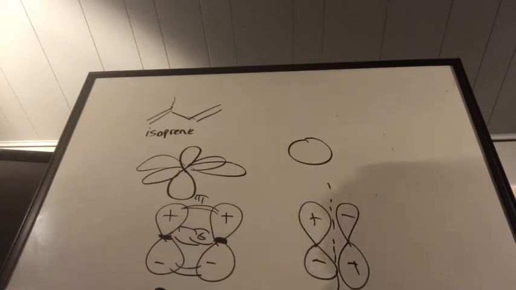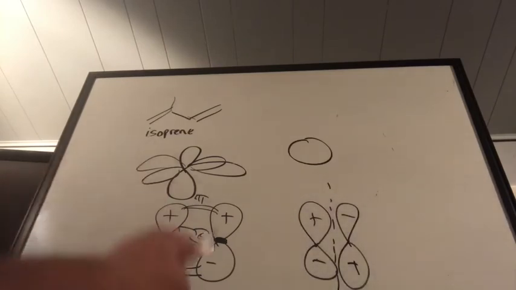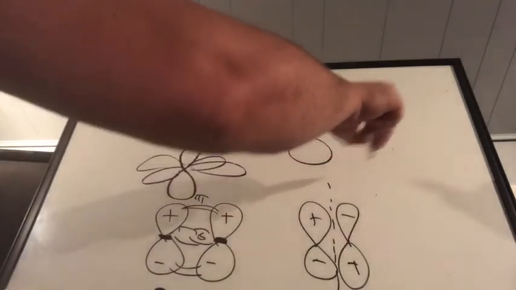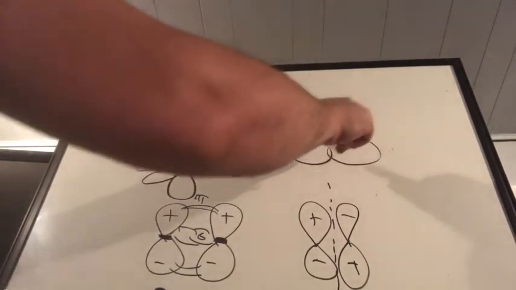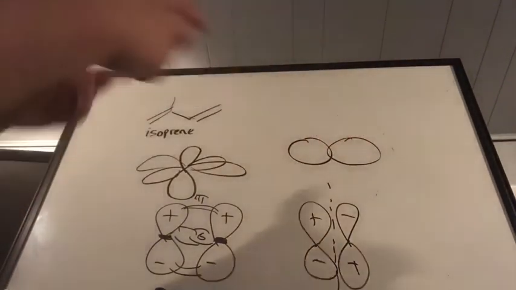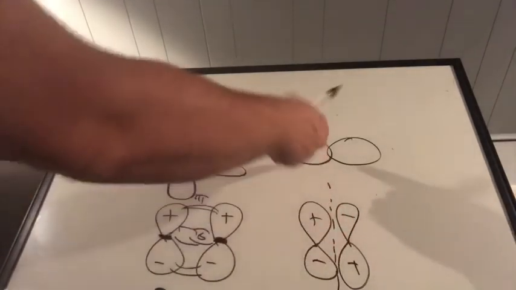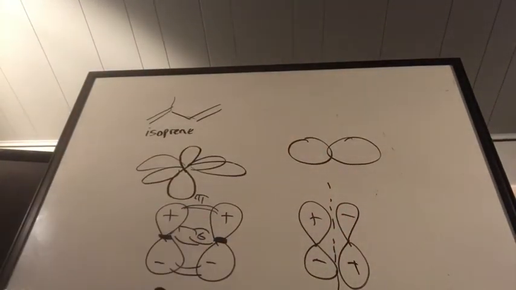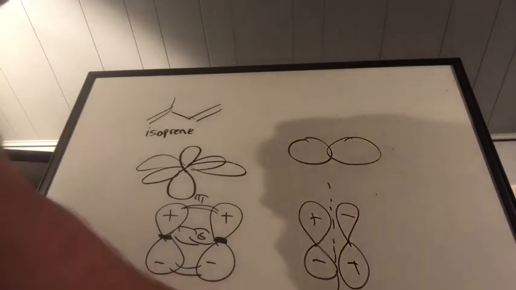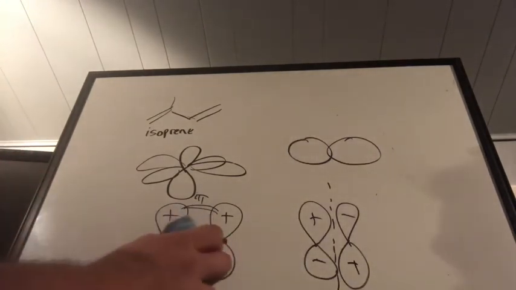So let's think of orbital overlap. So we're going to have a sigma bond for s orbital overlap. So 2 s orbitals that overlap, and then you're going to have a sigma bond. Okay.